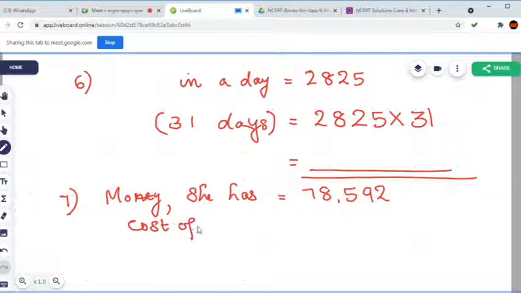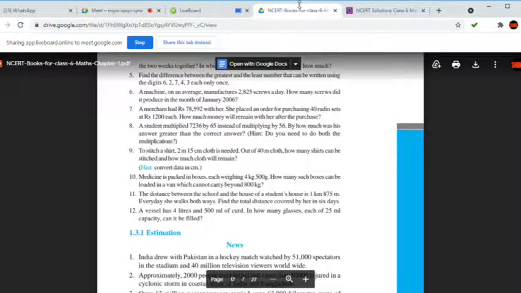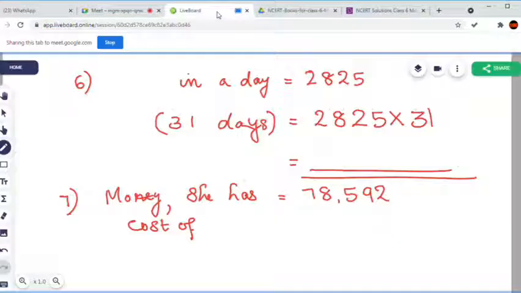Cost of one radio, that is 1,200. These all are rupees. You can give the rupees symbol or otherwise write rupees.